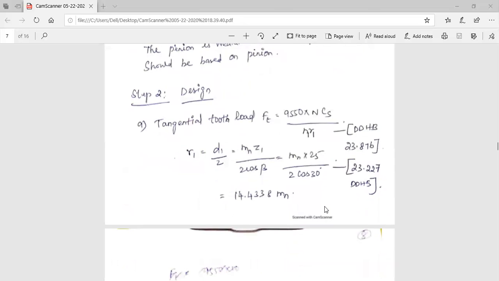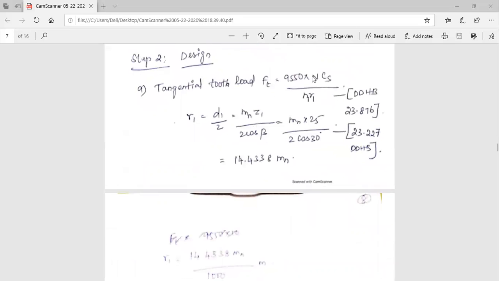Next, we already know the power and the speed. r1 we already found. Then we have to find the service factor Cs.